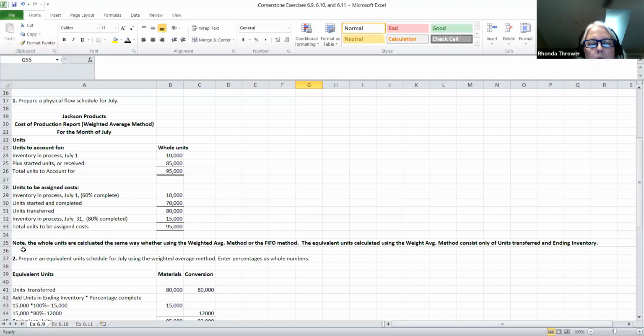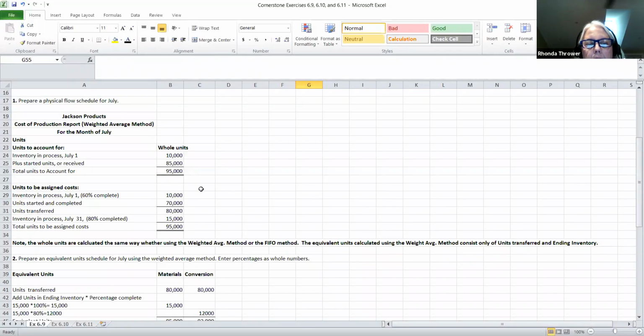And so I've written in a notation for you to help explain what's going on here. The whole units are going to be calculated the same way, whether you use the weighted average method or the FIFO method. We calculate them the same way for both.